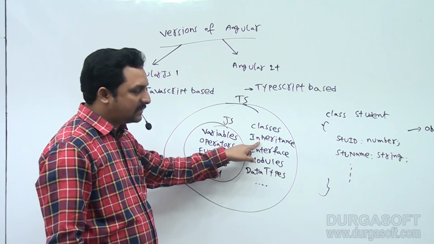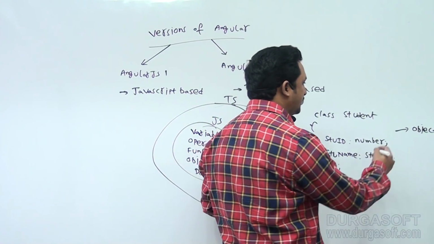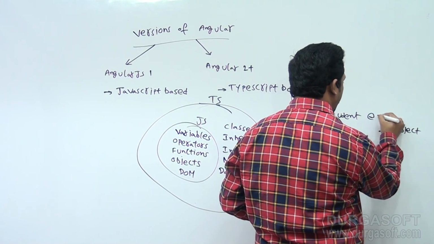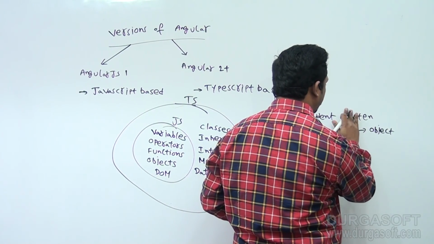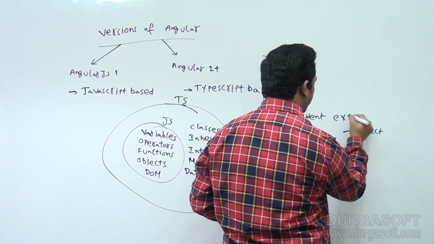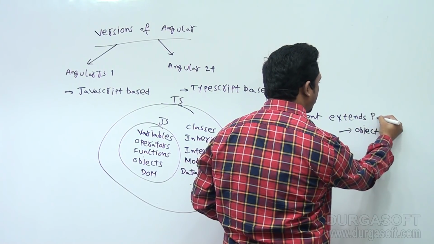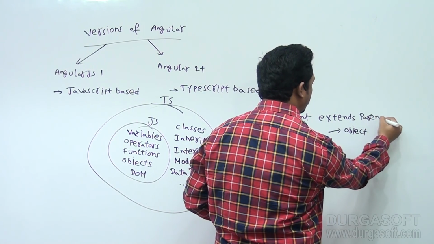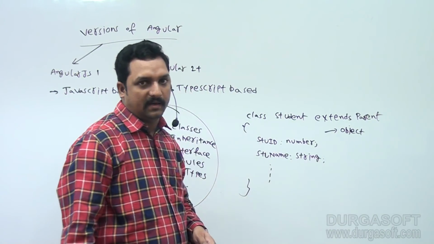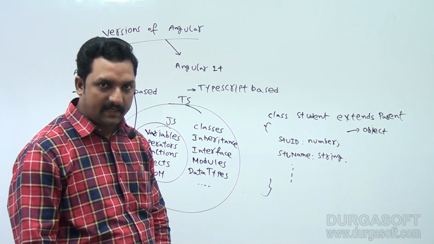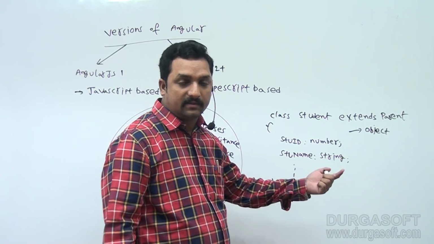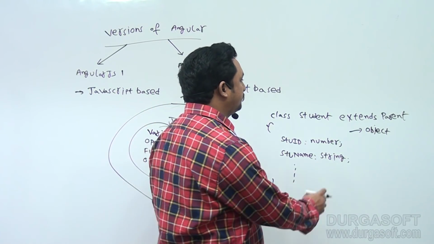If you write the extends keyword, that is called inheritance: extends some parent class. The extends keyword means inheritance. The implements keyword is for interfaces.